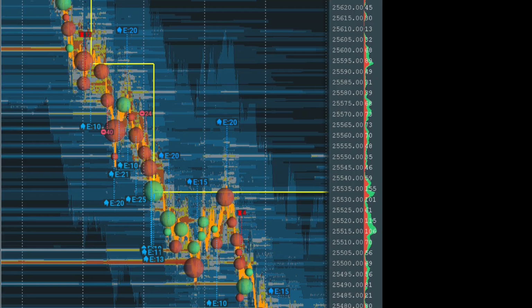Our last example shows a situation where the iceberg orders could cause more damage than good if you don't understand the context well. You can see we have a lot of buy orders hidden in icebergs, but the price doesn't care and continues lower.